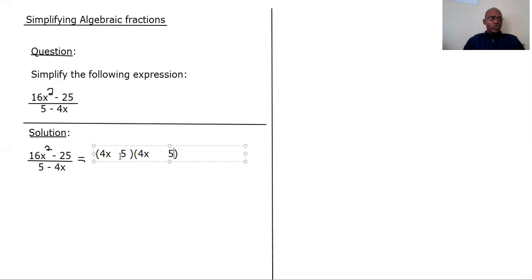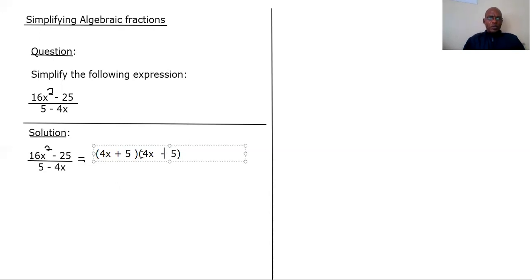This is only true for a difference of two squares. So we are factorizing the difference of two squares. Say, for example, in this case, I'll put a plus in here, and in this other one, I'm going to put a negative.